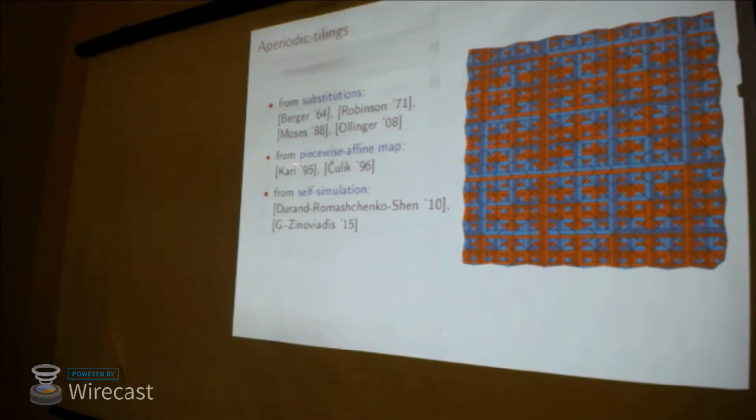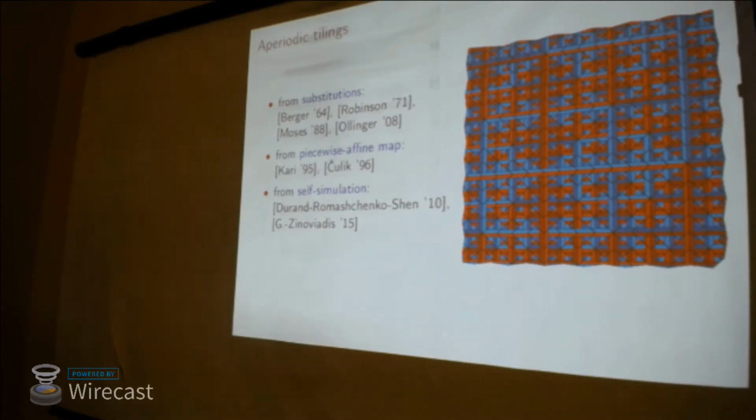The second family in chronological order simulates some space-time diagram of a piecewise affine map. Probably Guillaume, who was in Moscow last month, will talk more about this in his seminar.